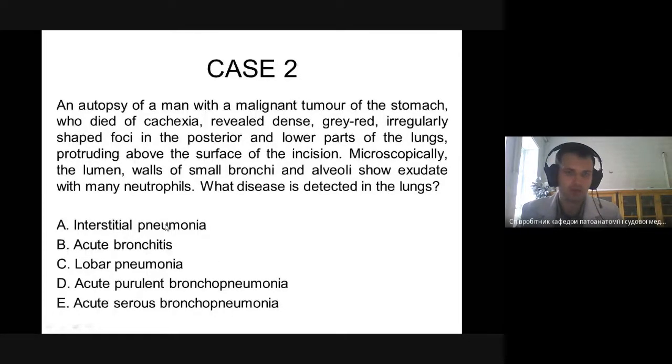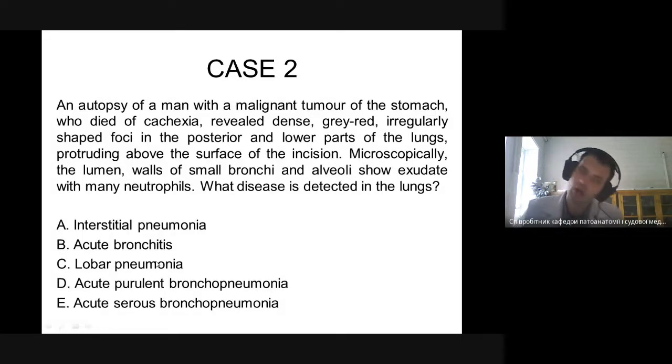Could it be interstitial pneumonia? No, definitely no, because in interstitial pneumonia, the lumen of alveoli is clear. Acute bronchitis, no, not just bronchi, but also alveoli are involved. Lobar pneumonia, no, because it was not a lobe, but numerous foci scattered over the lung tissue.